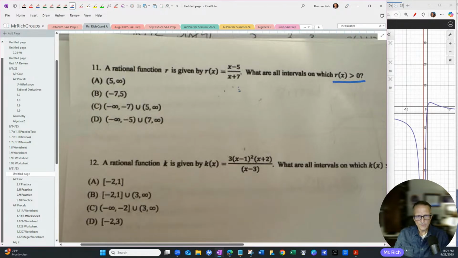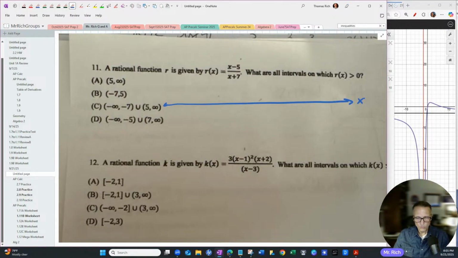So what we're going to do here, there's two ways that I want to show you how you could do this. Probably your teacher has shown you the best way to do this is to make yourself an x-axis. And on this x-axis, we're going to plot any of the zeros that we have, any of the vertical asymptotes, any of the holes or x-intercepts. So we know that we have a vertical asymptote at x equals -7.